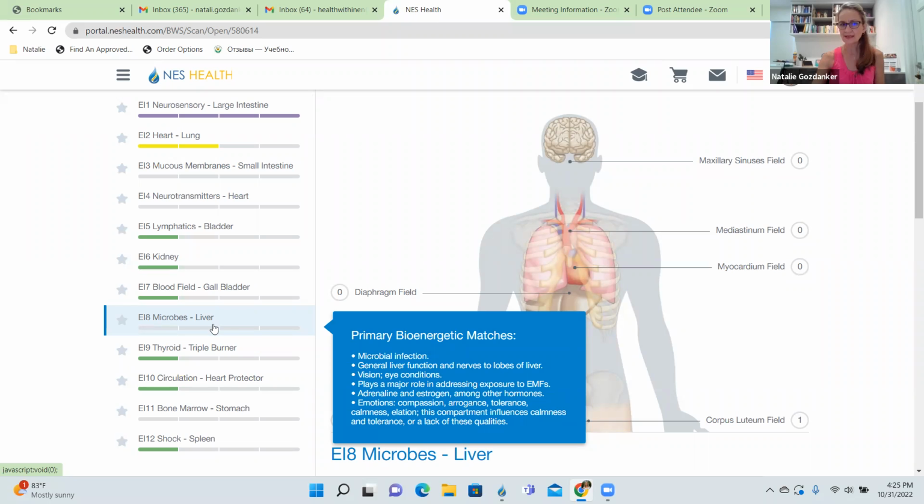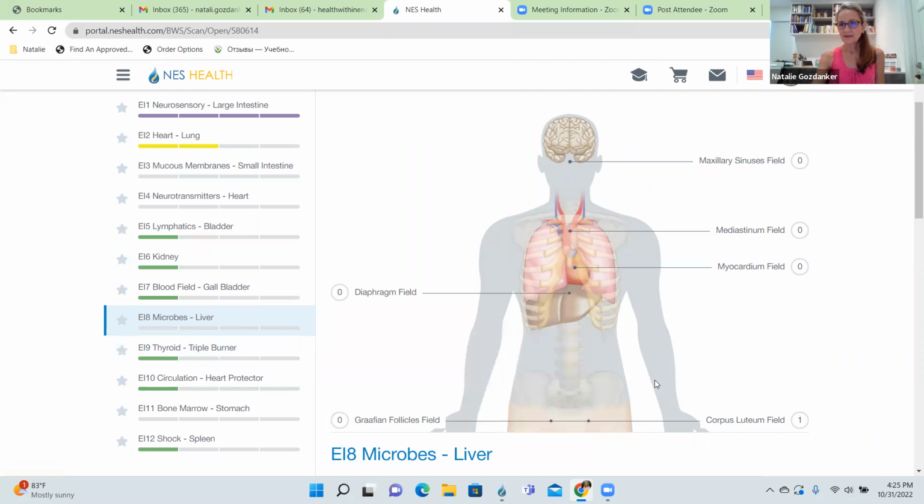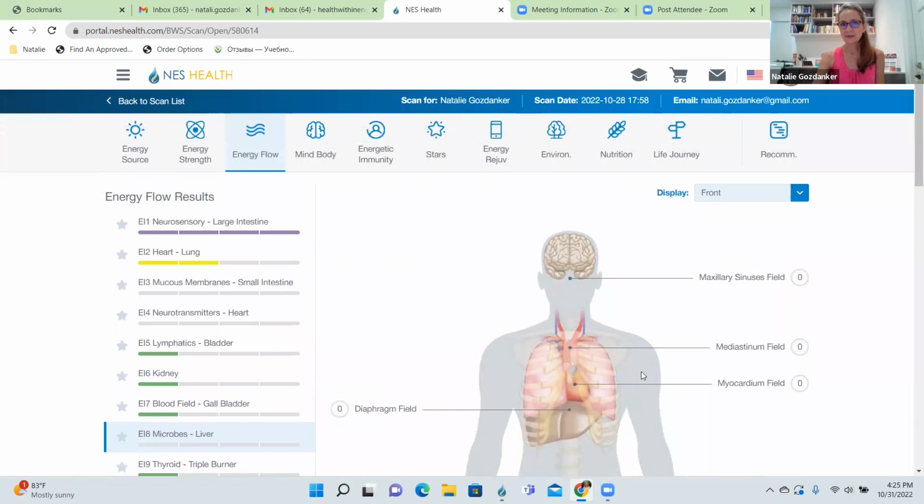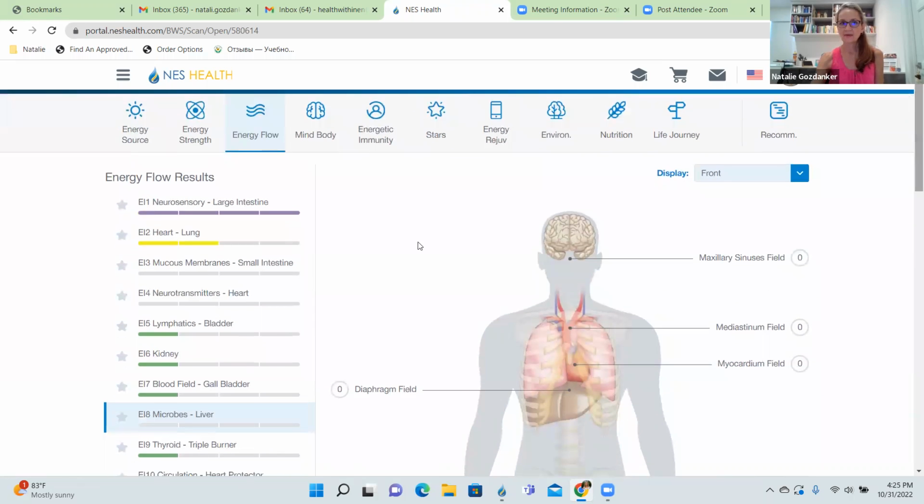So you can see that the screen gives us plenty of information, and of course, tools of what to do with that. Now, just to summarize, we gathered this information from those three screens: energy source, energy strength, and energy flow. What will we do with that? First of all, we check that the exchange of energy with the environment is correct.